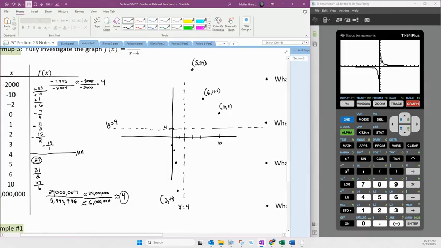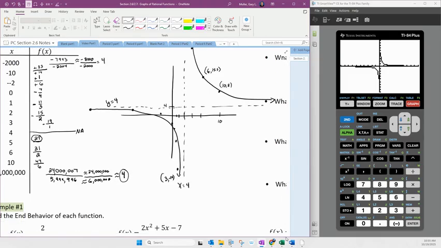At negative 2, I've jumped up to positive 1/6. 33 fourteenths is around 2-ish. And by the time I go out to negative 2,000, I'm at a number that is very close to 4, but it's not quite 4. And so I get a graph that appears to be doing something like this. And if I ask what the end behavior is, it is that our graph is behaving just like the line y equals 4.